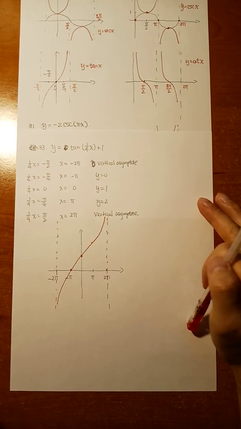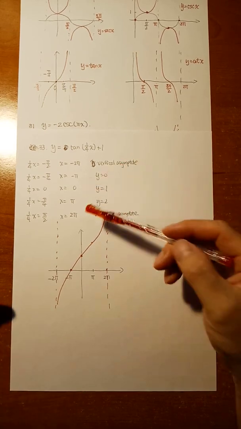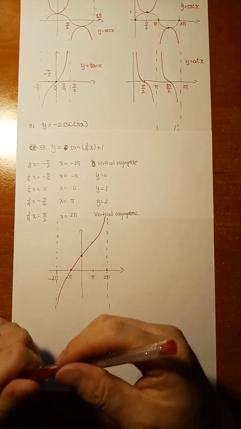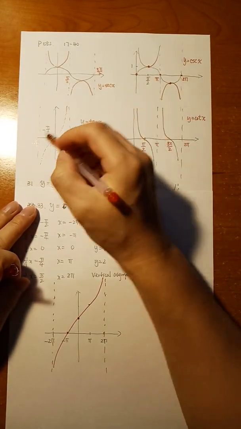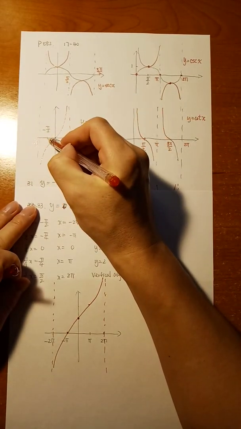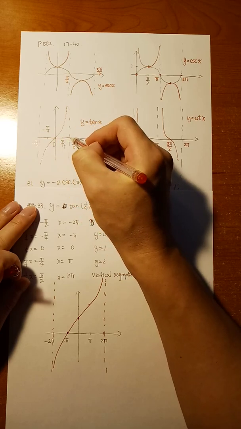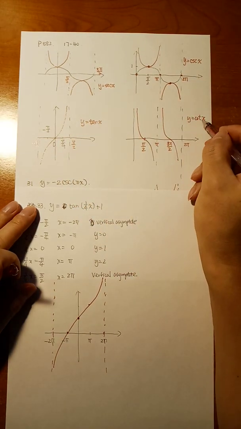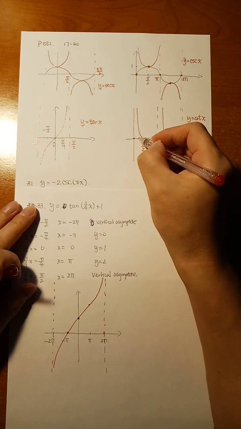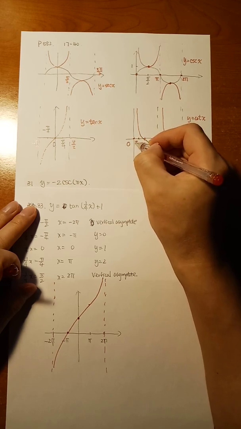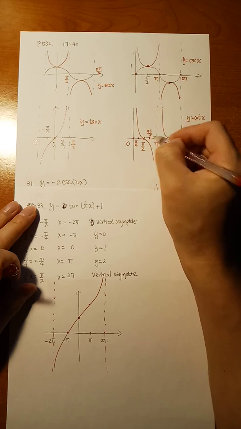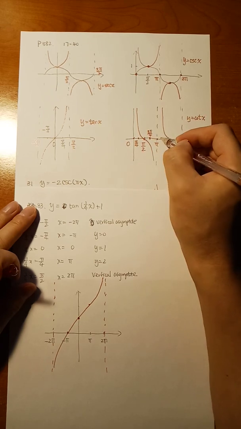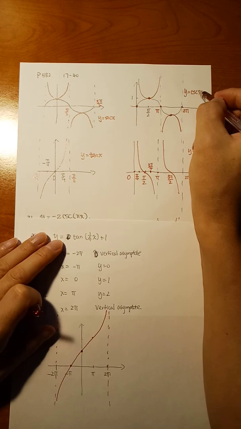Anyway, all the problems can be solved by this. You determine the key points. So let's try it. The key points for the tangent: negative pi over 2, negative pi over 4, 0, pi over 4, pi over 2. The key points for cotangent: 0, pi over 4, pi over 2, 3 pi over 4, and pi. 5 key points.